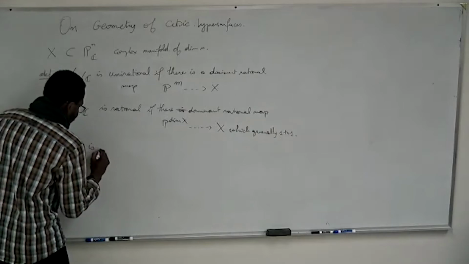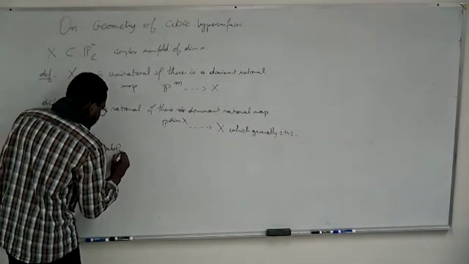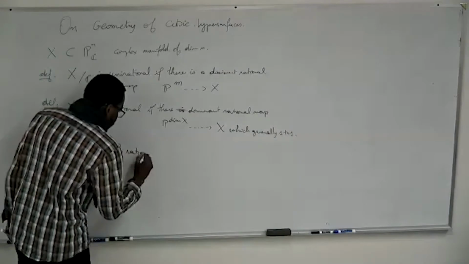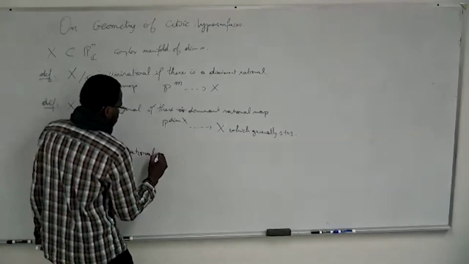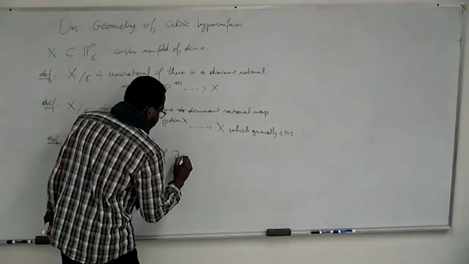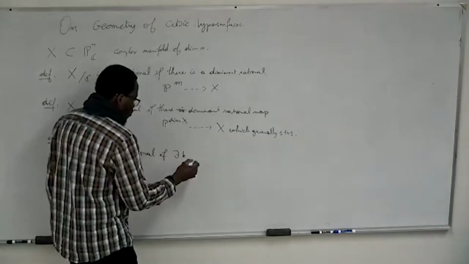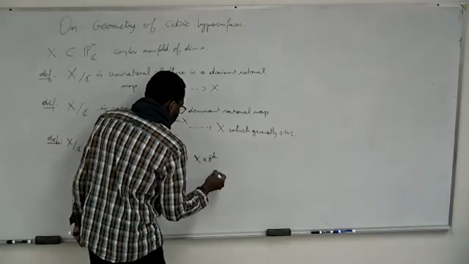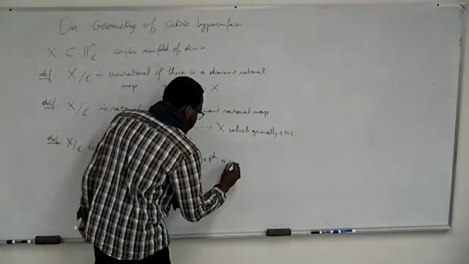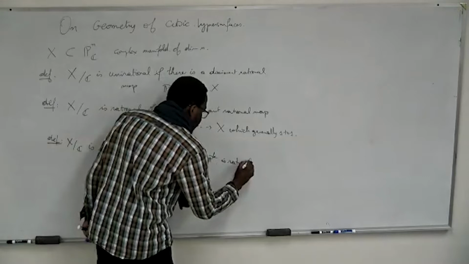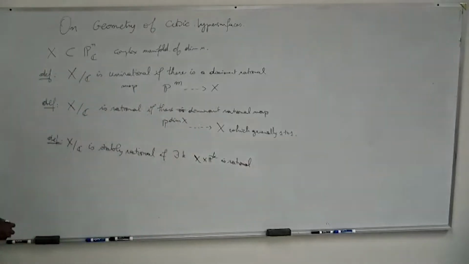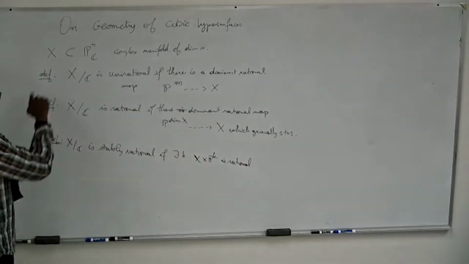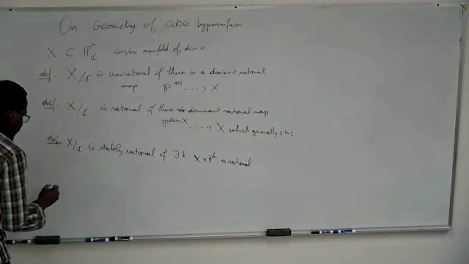We say that X is stably rational if X cross some projective space is rational. So there are obvious inclusions between the different families.